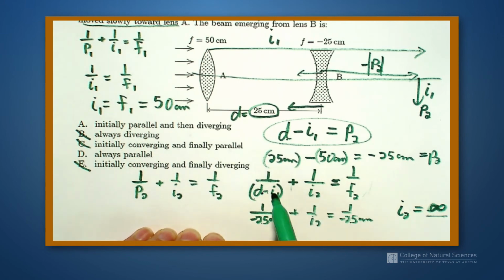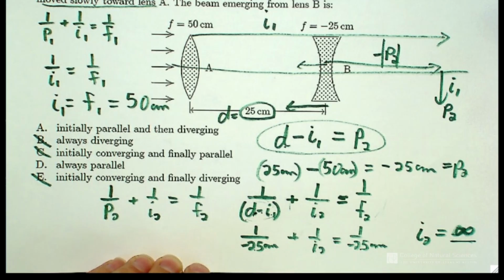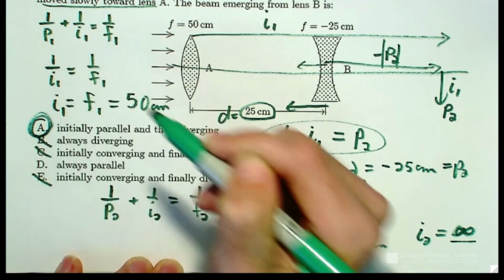Let me think about this again. If d gets larger, this whole value gets more negative, which means this thing has to get less negative. So I2 has to decrease. I2 is originally 0 or infinite. That means we're going to slowly go to more and more diverging.